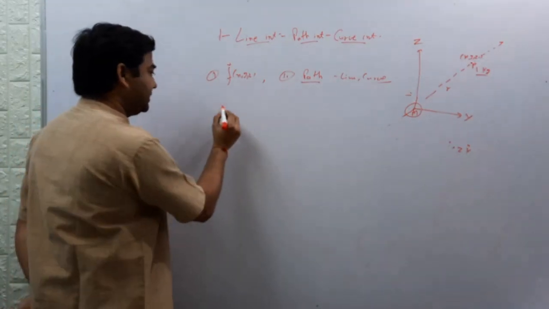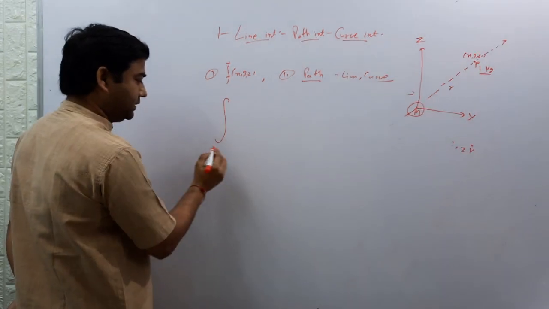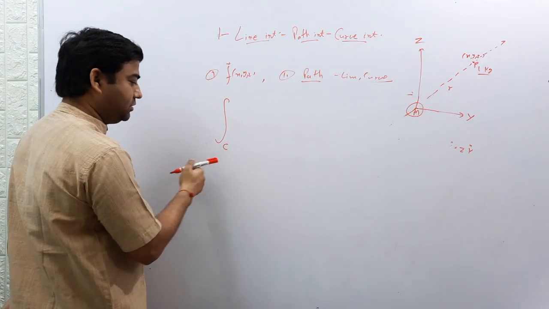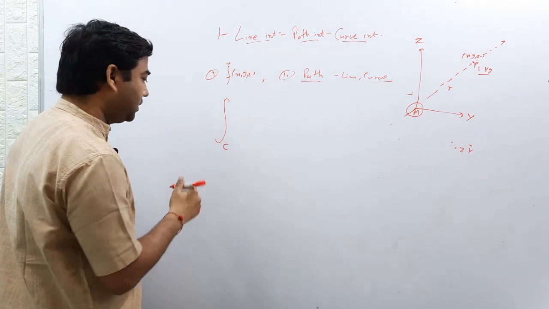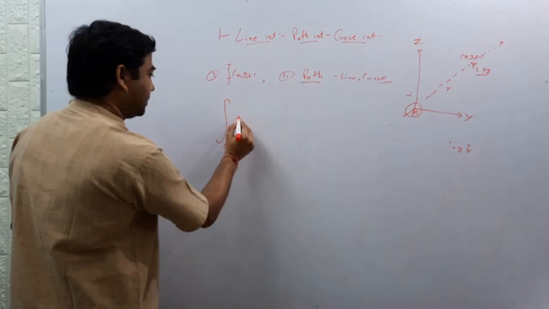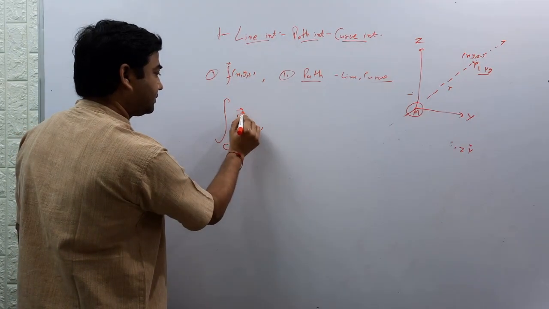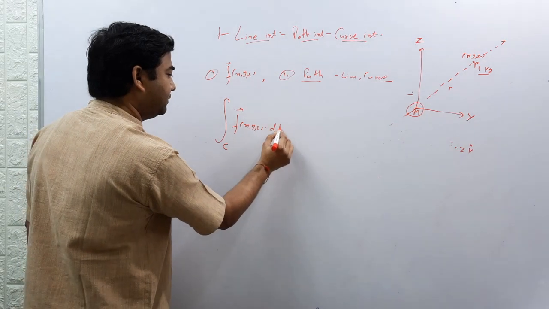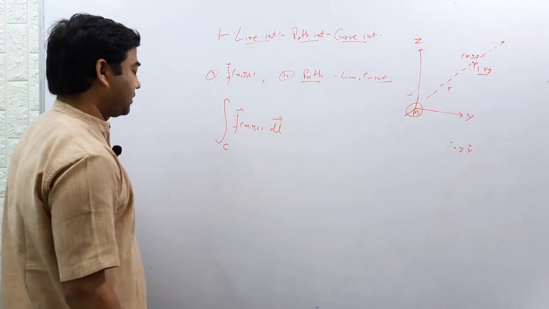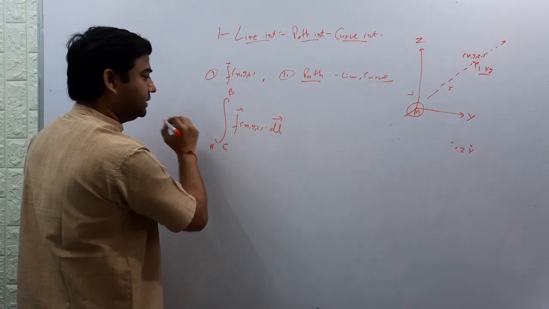So line integration is represented as an integration symbol with C, where C means curve, written at the bottom, then F, that is the vector field, dot the displacement vector from point A to B.